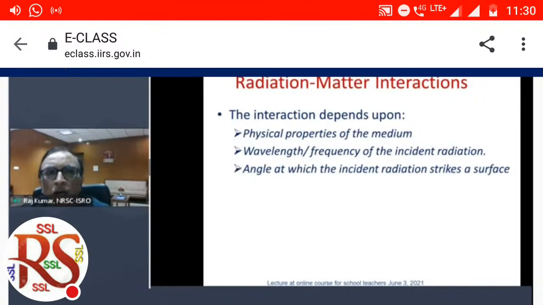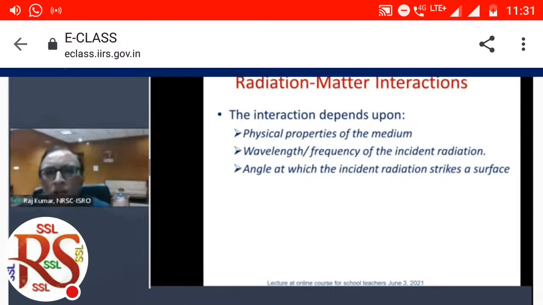When I was talking about how you get the information, you are having the radiation either from the sun, or from an active sensor, where you are sending some signal through radars. That radiation will have interaction with the medium itself. Medium I mean the atmosphere, because your satellite is at 800 kilometers to 1,000 kilometers, and some are at 36,000 kilometers, like geostationary.